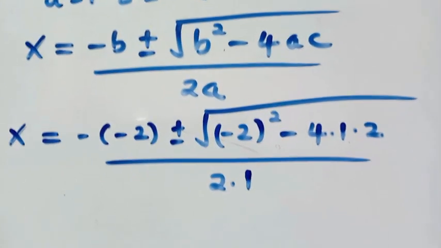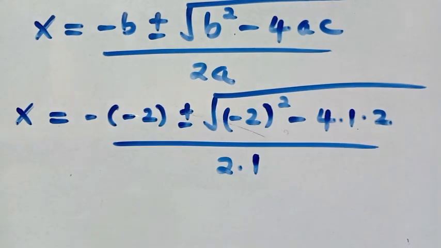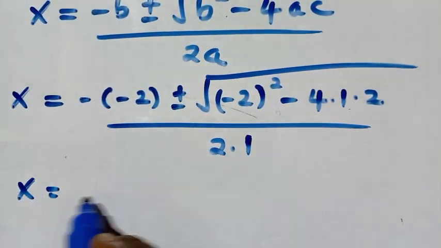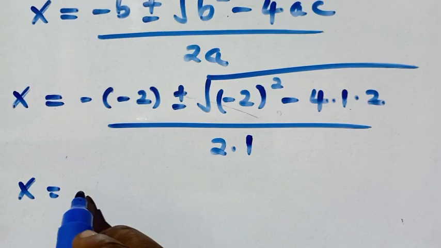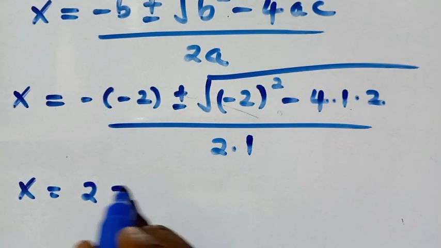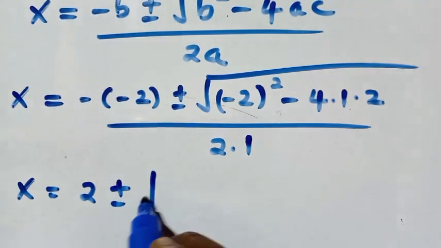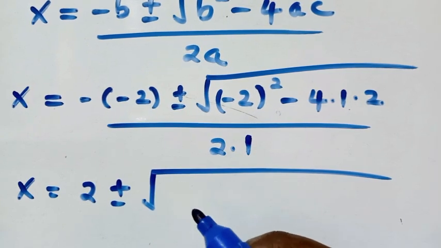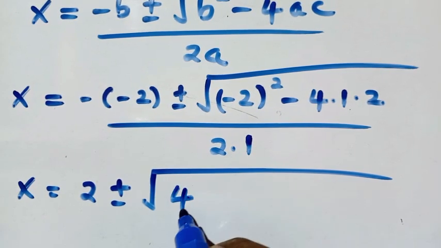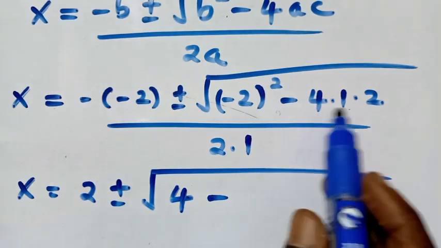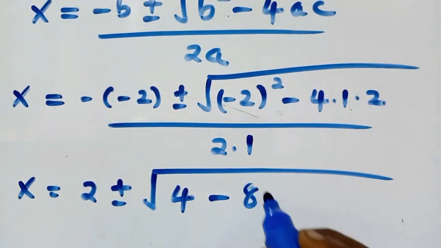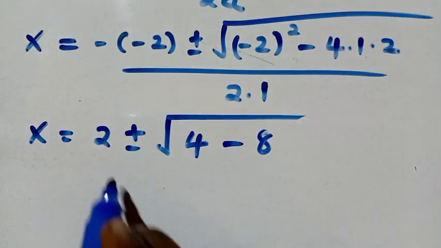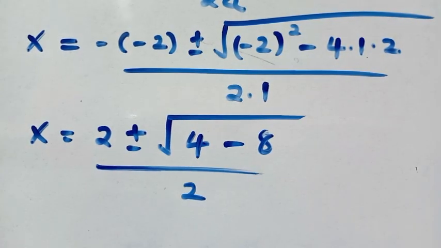Expanding, minus times minus is plus, so we have plus 2 plus or minus the square root of 4 minus 8, all divided by 2.